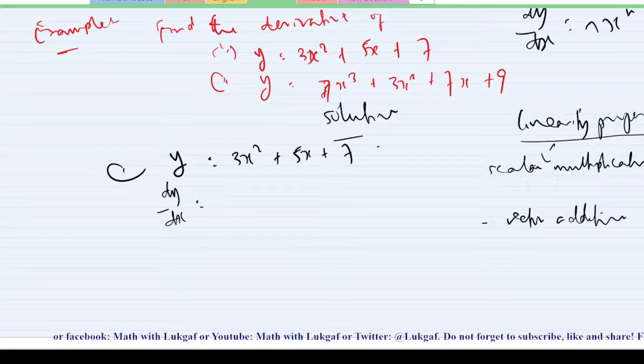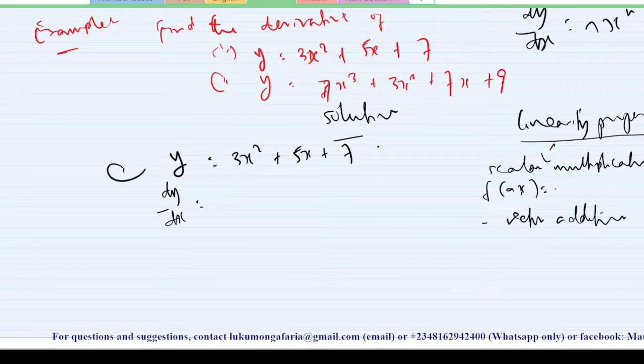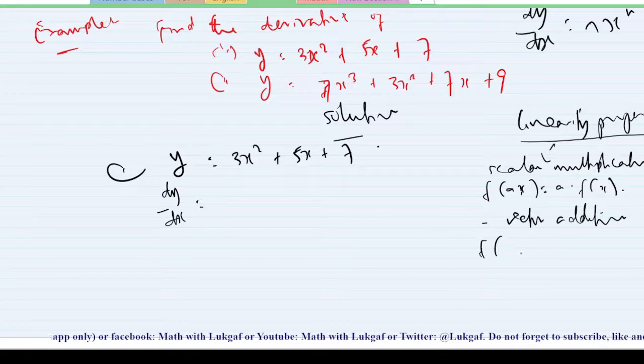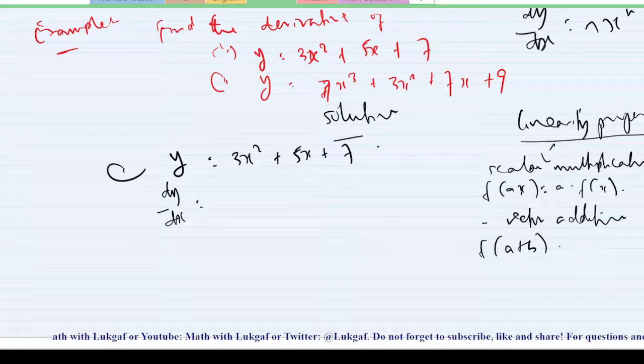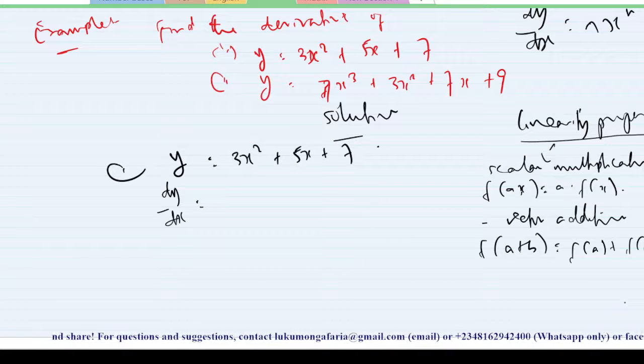When we say scalar multiplication, that is when you have a scalar A and you have a vector X, then you can conclude that f of Ax is the same thing as A f of X. Likewise for vector addition, when you have f of A plus B, or f of X plus Y, it is the same thing as f of A plus f of B, where A and B are in a space of real numbers or any space.